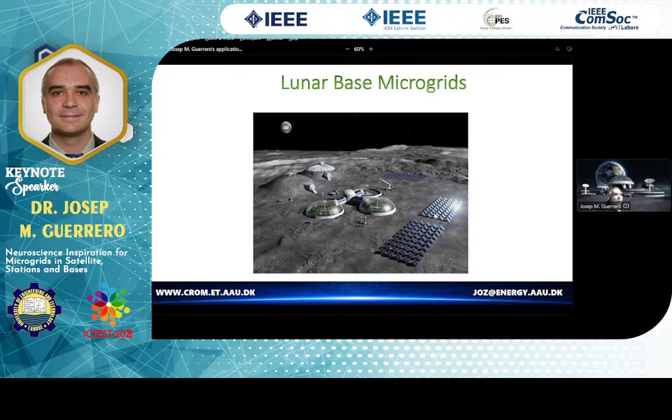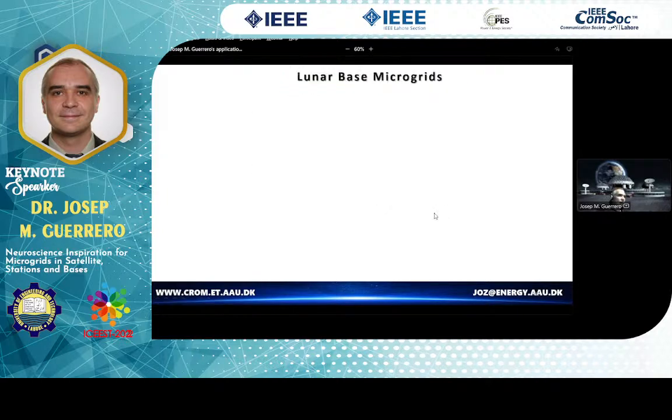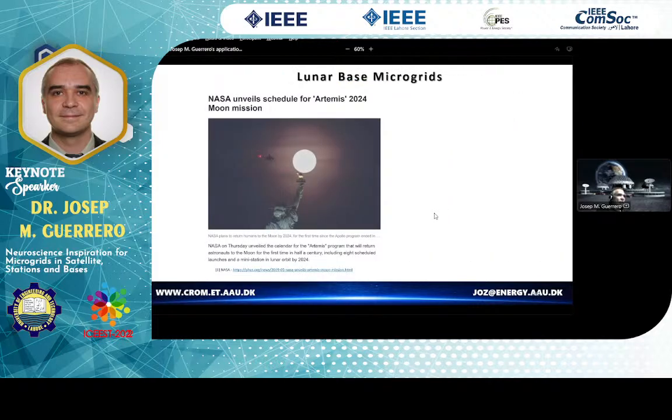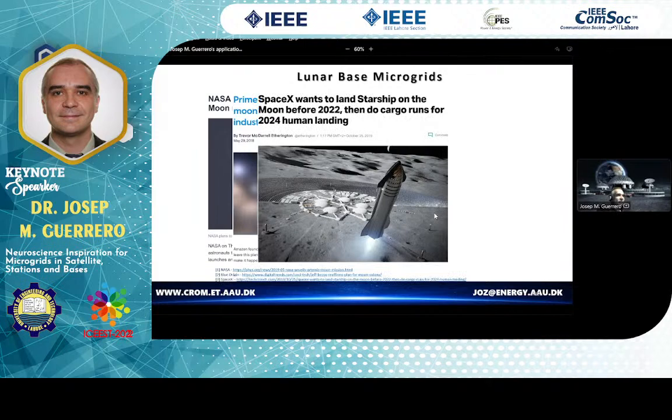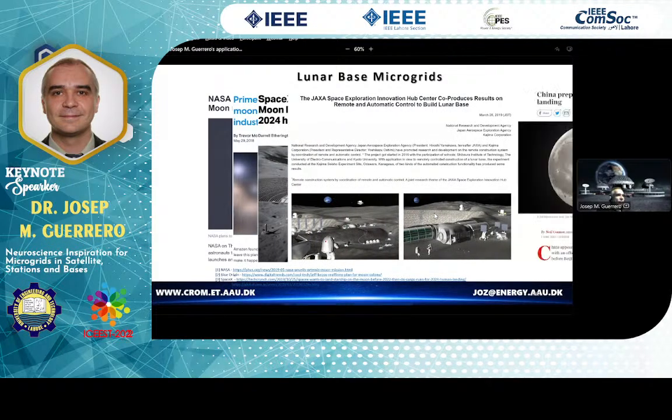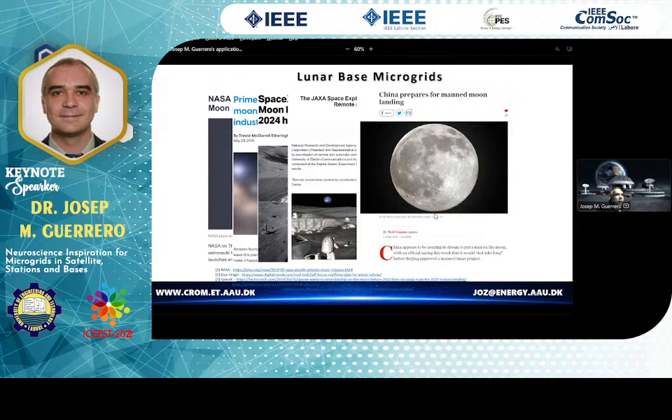And now we come to the lunar base. We know that right now lunar bases are coming with very exciting missions like Artemis, which is right now starting, and many others saying that they are going to have some moon promises from the past.